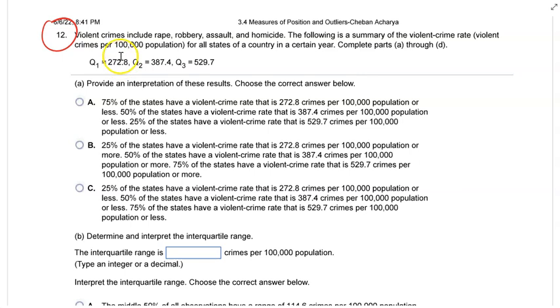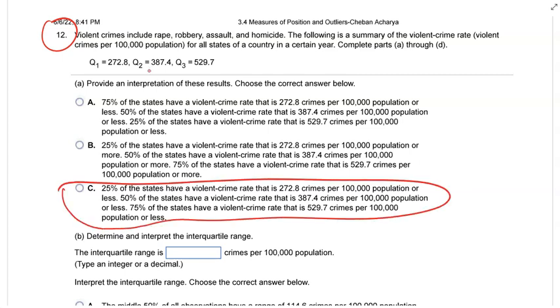The first quartile means 25% or less. Violent crime is less than 272.8. Therefore, the answer must be C. You can read carefully here: 25% of states have a violent crime rate that is 272.8 crimes per 100,000 population or less. Okay, you see "or less" here.